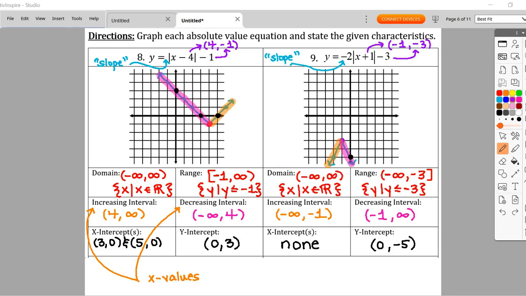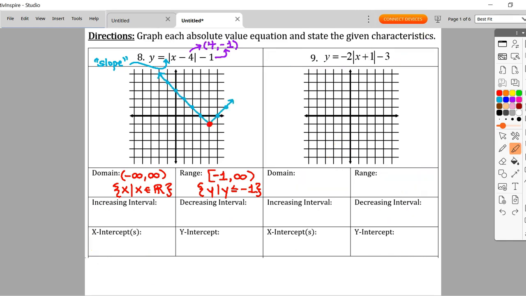The range in set builder notation is read as the set of all y such that y is less than or equal to -1. For my increasing interval, I'm going to look at the part of my graph where I have a positive slope, so that would be this right side.